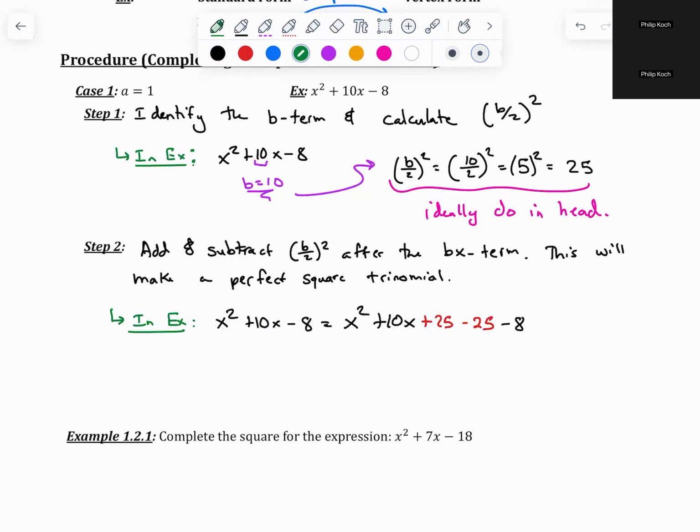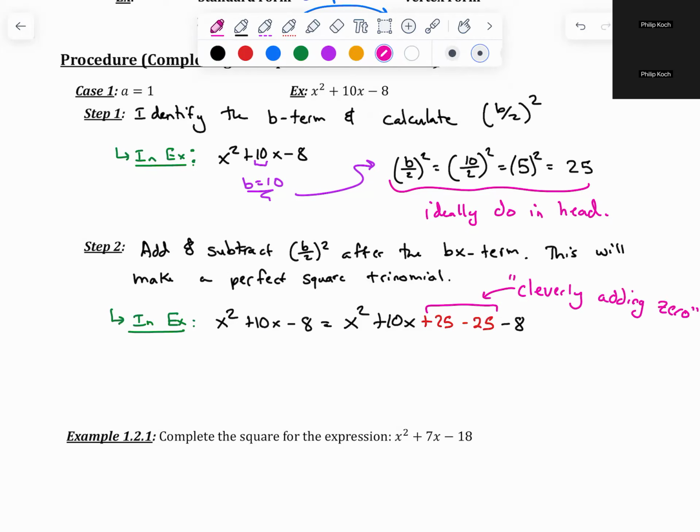This right here is cleverly adding 0. Because if I immediately add 25 and then I immediately subtract it, that's adding 0, and adding 0 doesn't do anything. In the grand scheme of things, it makes it still equal.